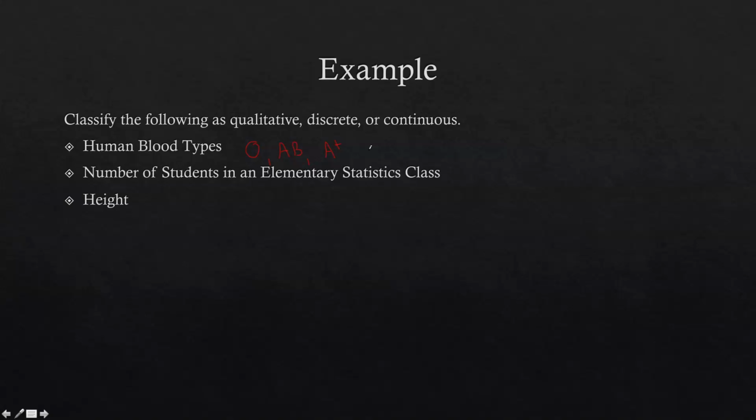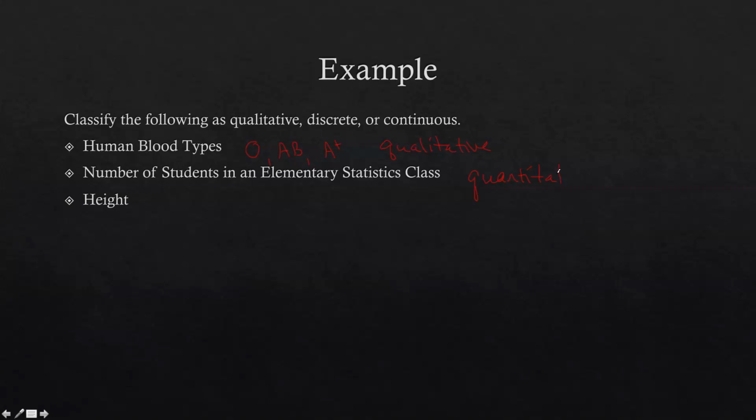Now, these are not numerically valued, so that automatically makes those qualitative. Okay? The number of students in an elementary statistics class. Now, I can count the number of students in a statistics class, so we know those are quantitative.